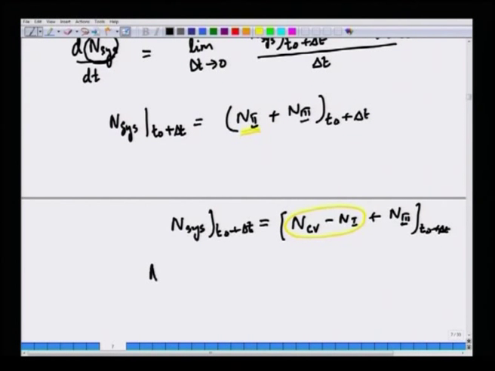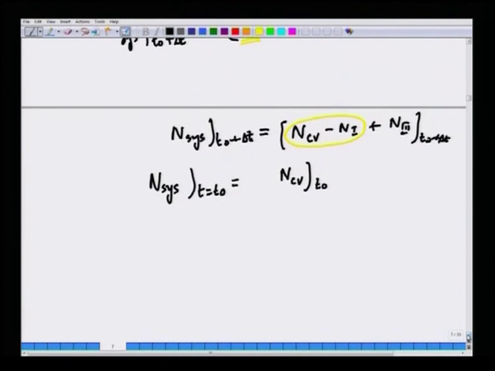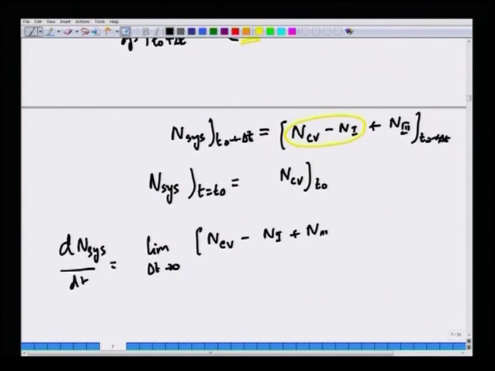And N system at time t equals t0 is simply N CV at time t0, since the system and CV are identical and coincide at the time t0. So the rate of change of the quantity N in the system with respect to time is the limit delta t going to 0 of N CV minus N1 plus N3 at t0 plus delta t, minus N CV at t0, divided by delta t.